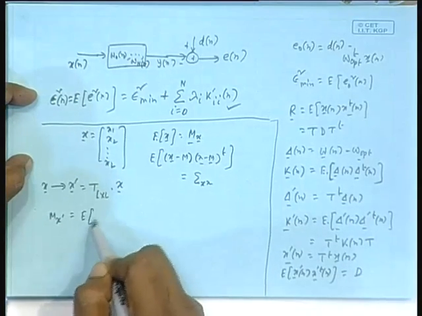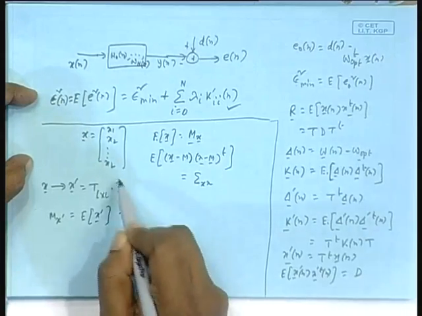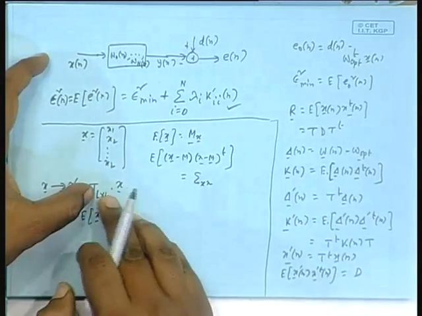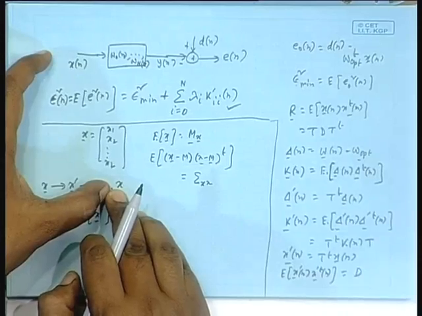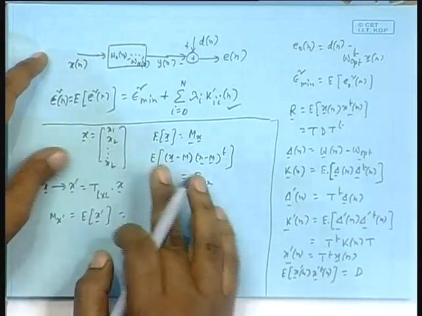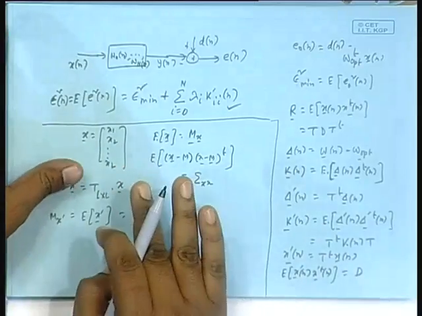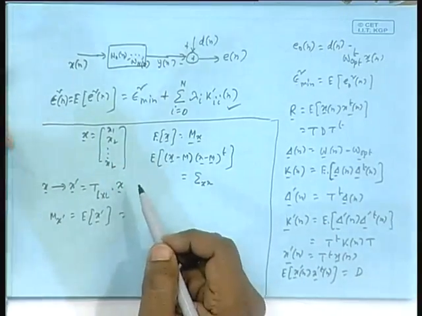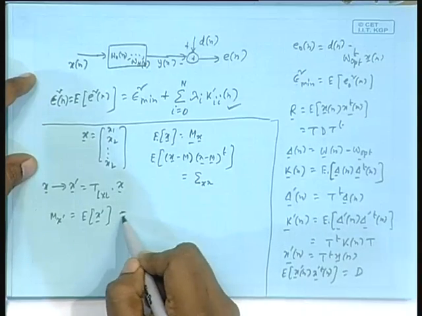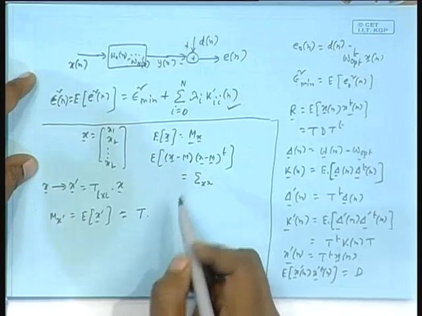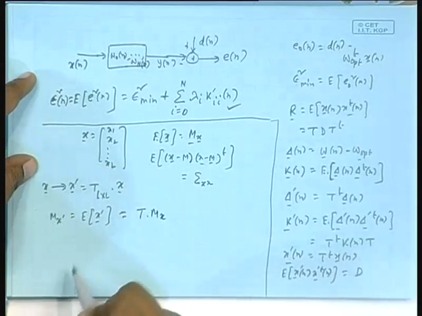That is E of x prime. Apply E over this linear combination. Linearly combining the elements will be a summation of something times x1 plus something times x2 plus so on, then the expectation operation. Better you take the expectation on the elements of x and you will get the same thing. So it will be nothing but T into E of x, and E of x is m_x. So m_x prime is T m_x.